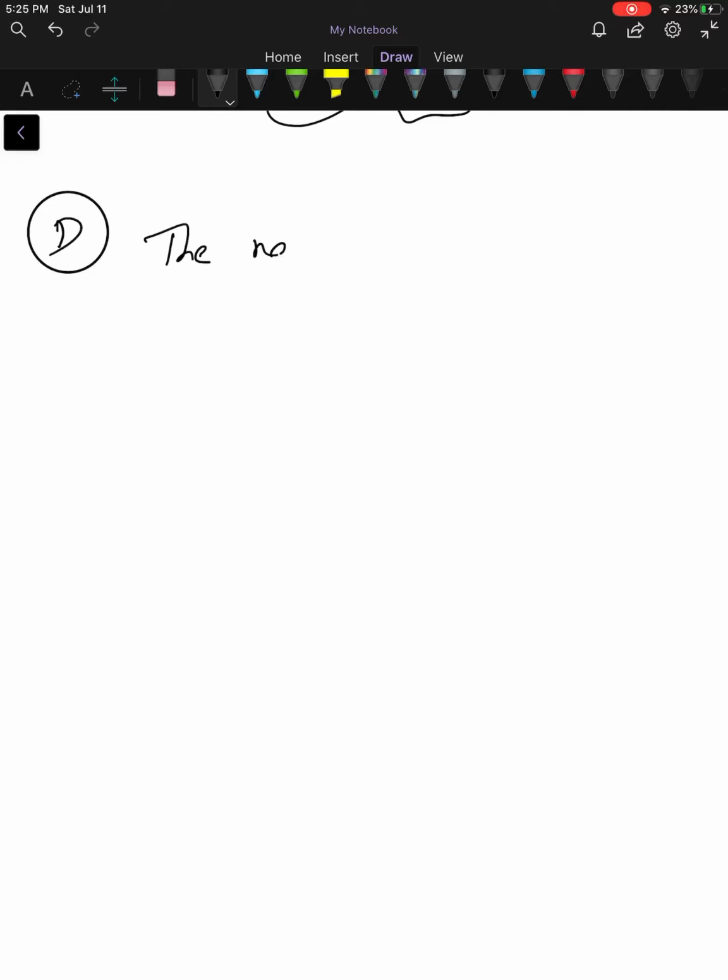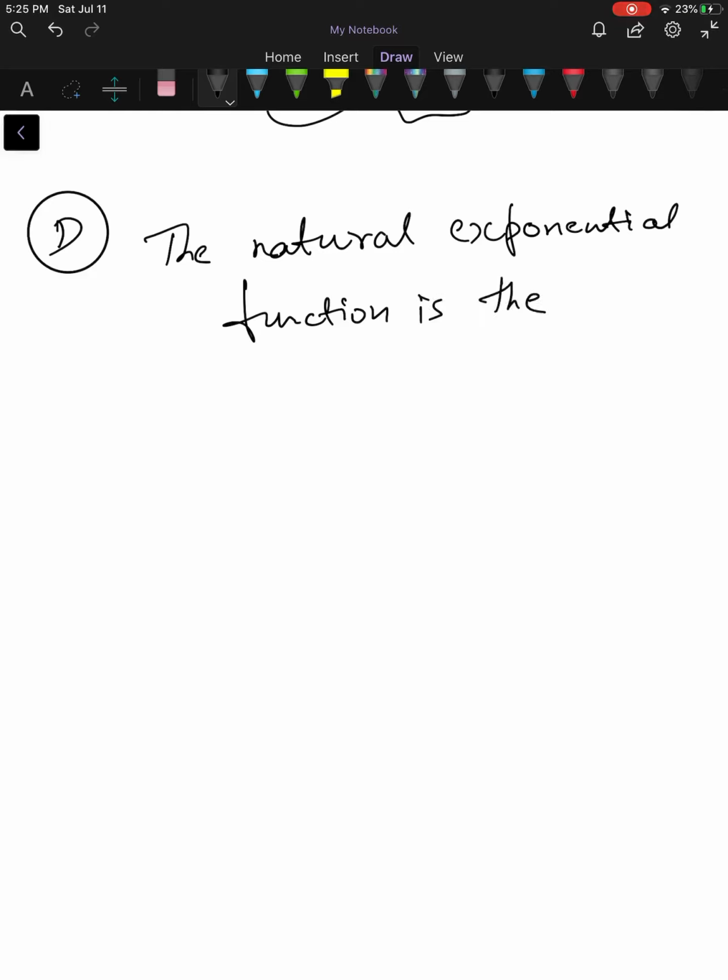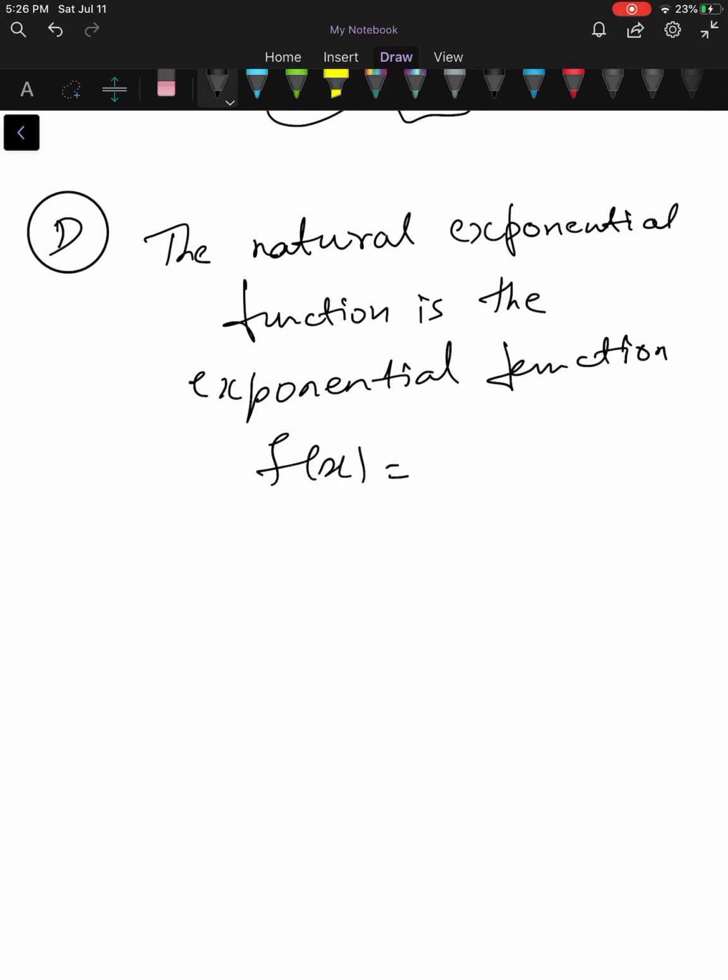To define it, the natural exponential function is the exponential function f of x is equal to e to the power x, with base e.